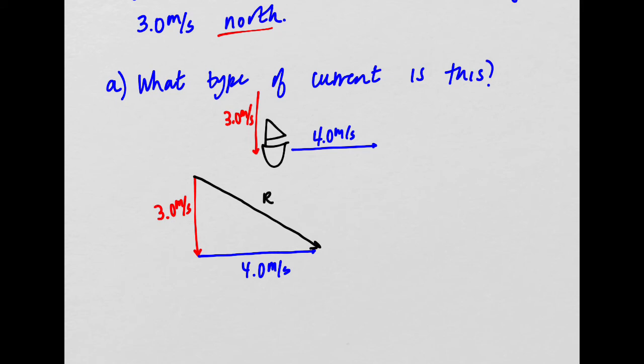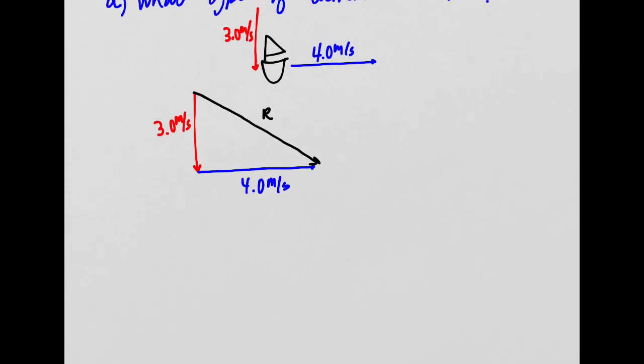There I can see that these are perpendicular vectors, so this is a cross current. If it was a forward current, it would be going 3.0 meters per second in the same direction that the boat is traveling. If it was a backward current, it would be traveling 3.0 meters per second in the opposite, westward direction. But because it's traveling perpendicularly, it is a cross current.